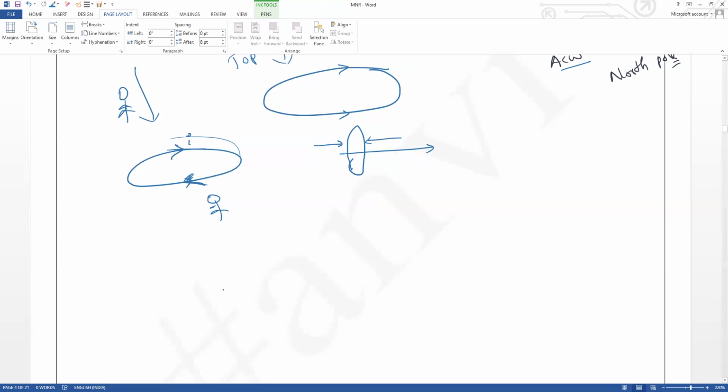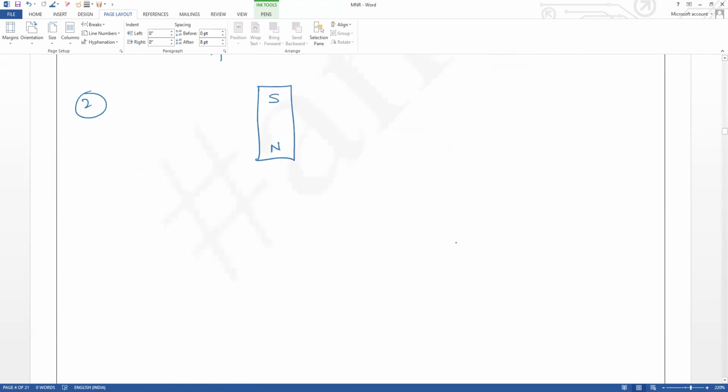Clockwise current, south pole; anti-clockwise current, north pole. Now imagine, everybody, there is a magnet, south pole and north pole. Now this is the induced coil.